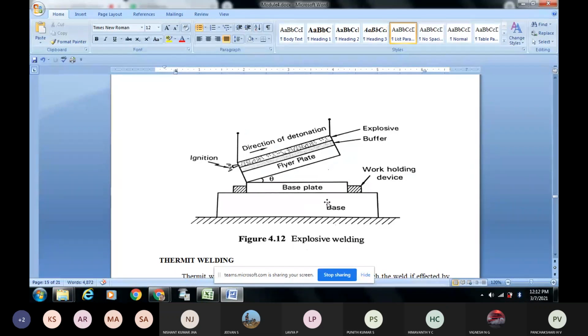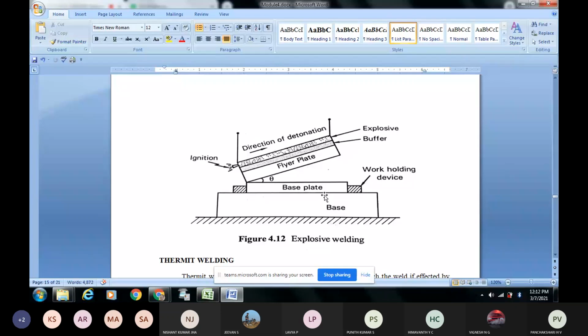Above this, there is a metal base plate. To this base plate, we have to clad, that is, join or bond, another type of material. For example, there is a mild steel material. Upon the surface of the mild steel, a thin layer of copper is to be cladded.